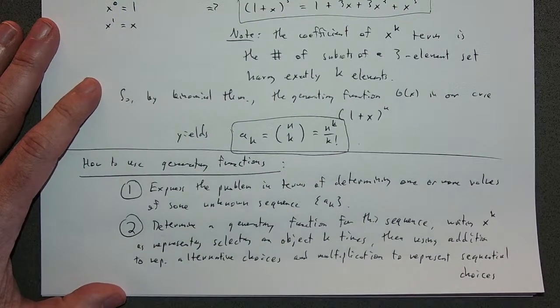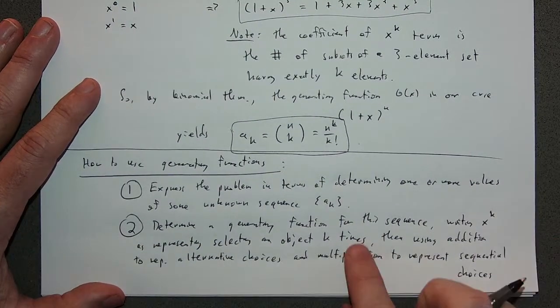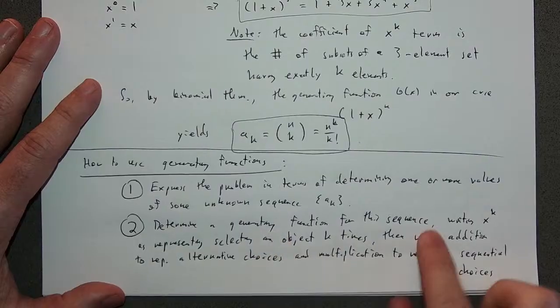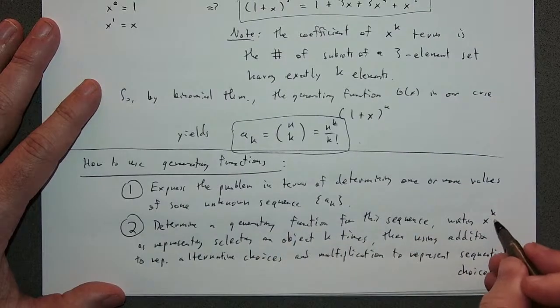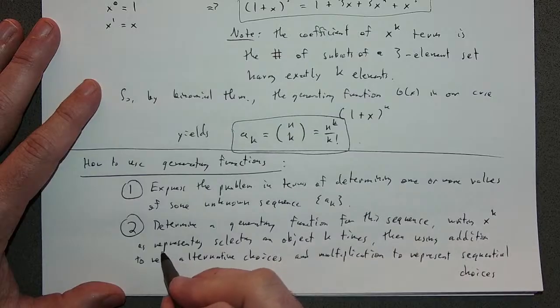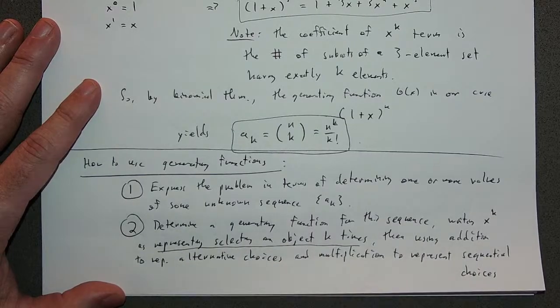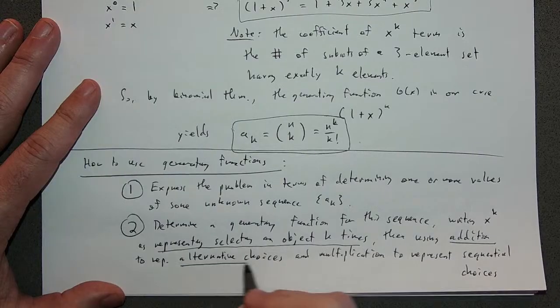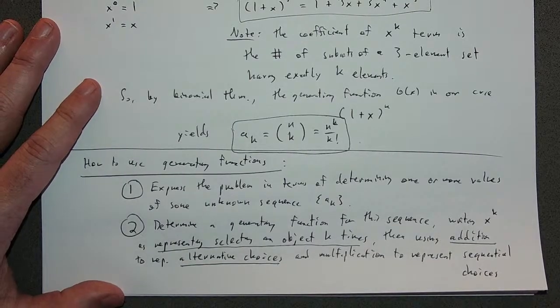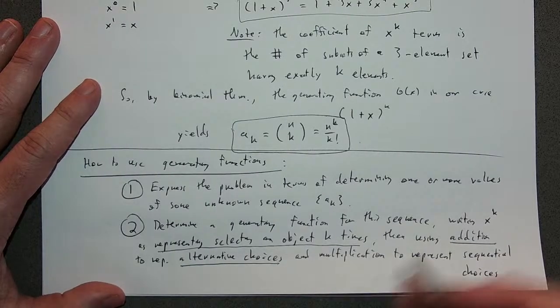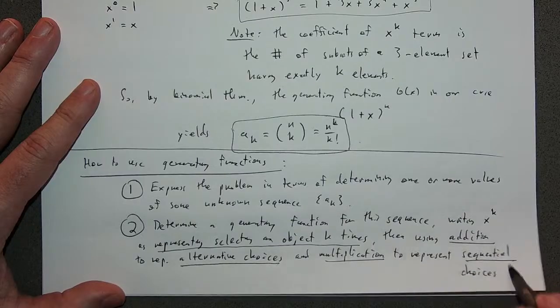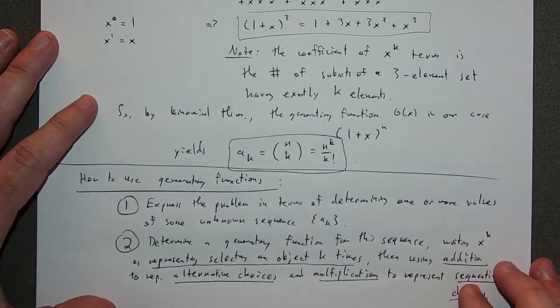So I'm going to underline a few of these things here. So determine a generating function. The x to the k term in the generating function is representing selecting an object k times. Addition represents alternative choices that can be made at each step, and multiplication represents sequential choices.